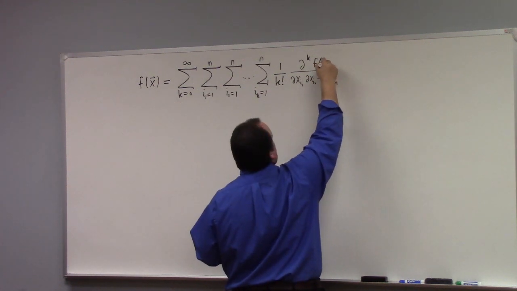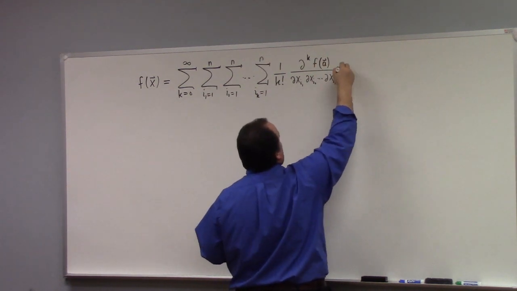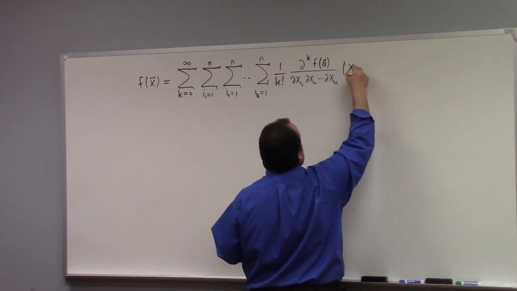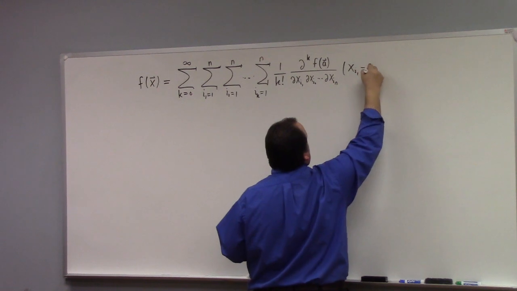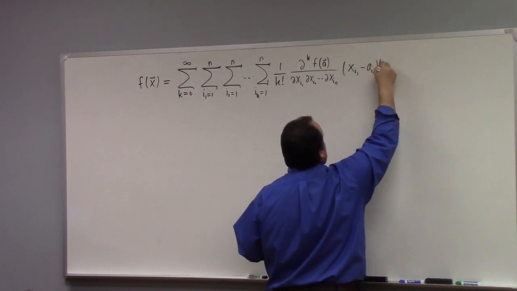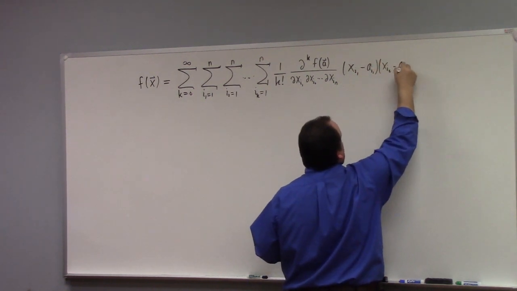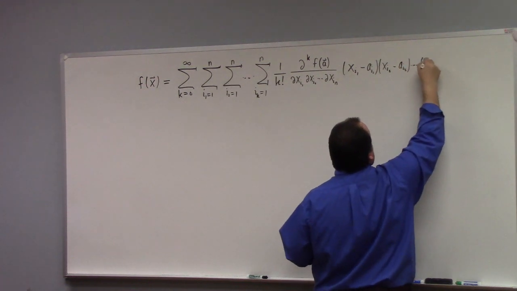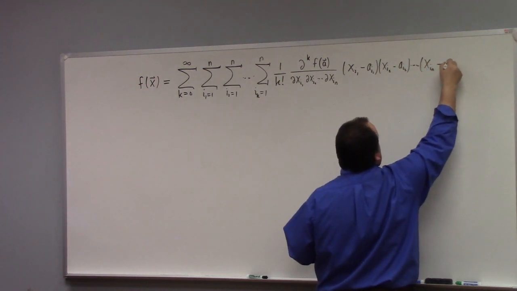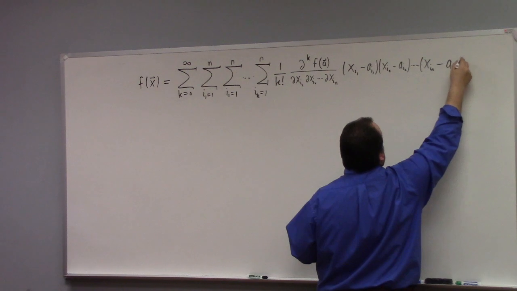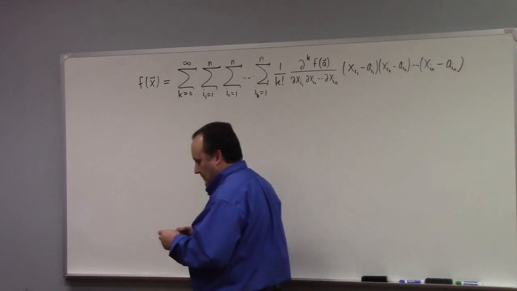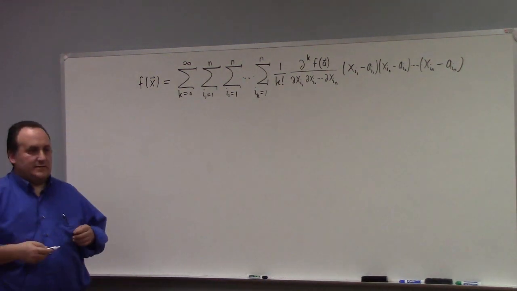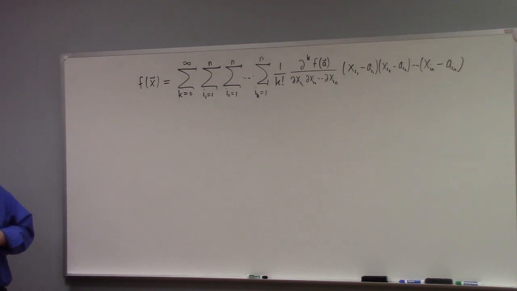This gets evaluated at, let's say, a, and then you've got xi1 minus ai1, xi2 minus ai2, xik minus aik. I don't think I put this in the notes, guys. And you might see why I didn't. It's kind of ugly.